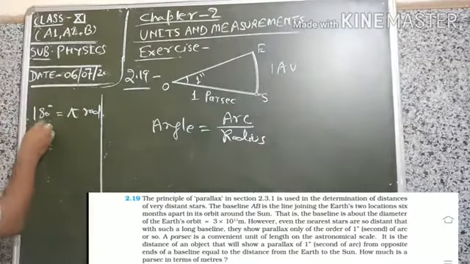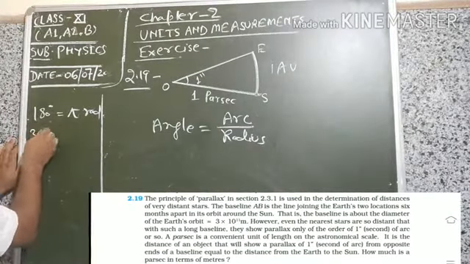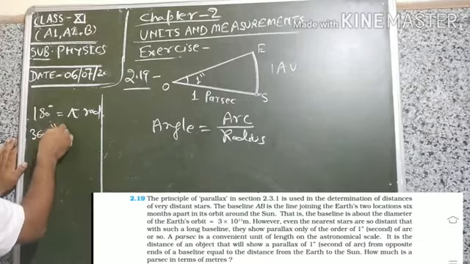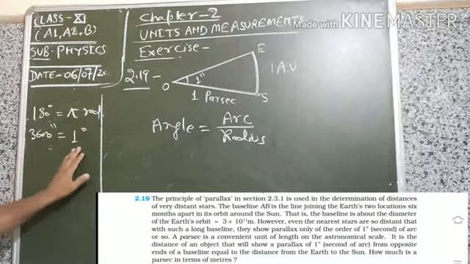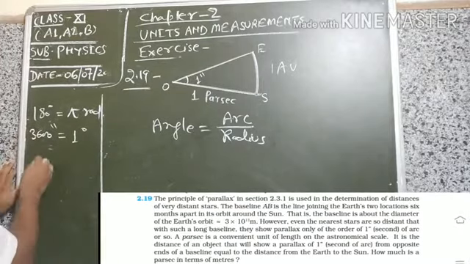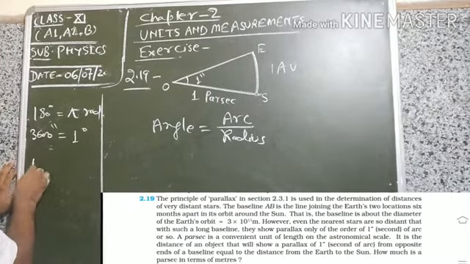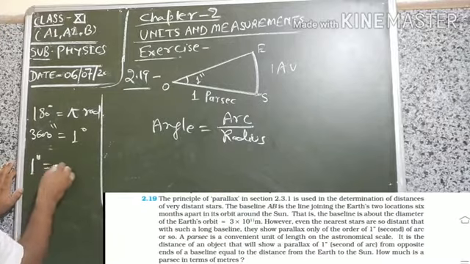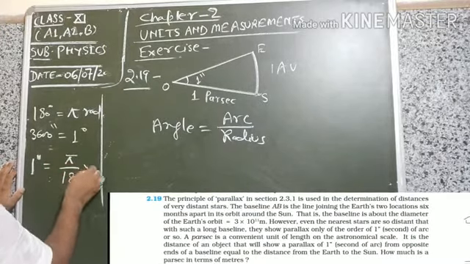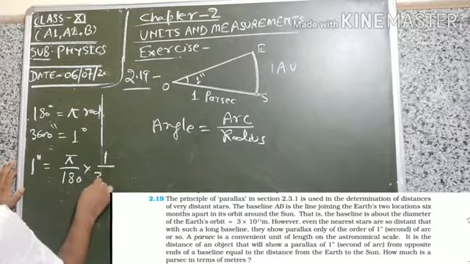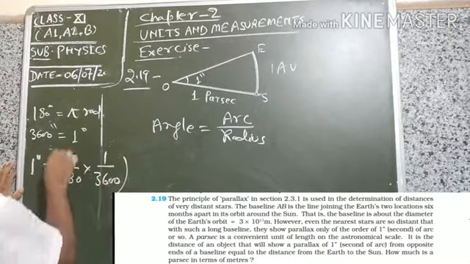So you know 3600 second equals 1 degree. By using these two, we have 1 second equals pi by 180 into 1 by 3600 radian.